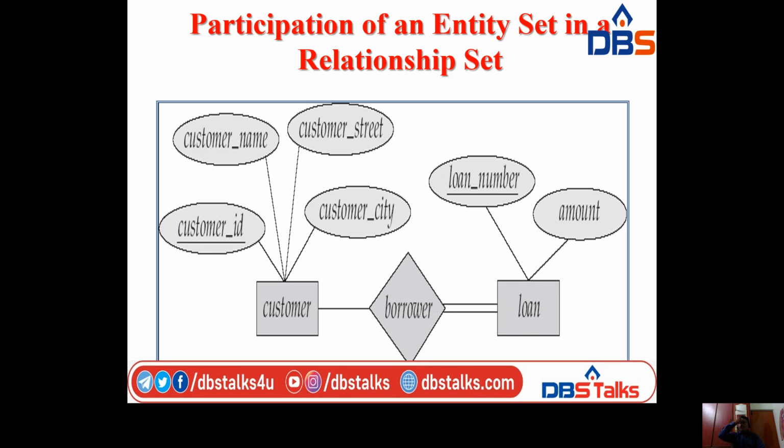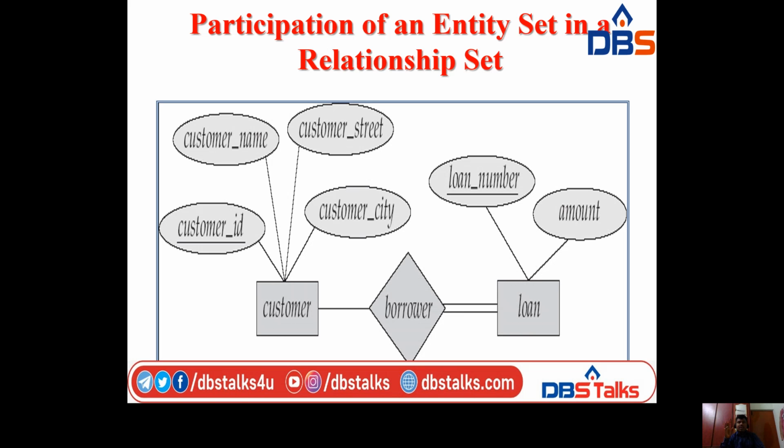Now coming to this one, participation of an entity set in a relationship. Here the customer is related with the borrower and then the loan. Some customers are having a loan and some customers are not having a loan. Normally some customers have a deposit but no loan.